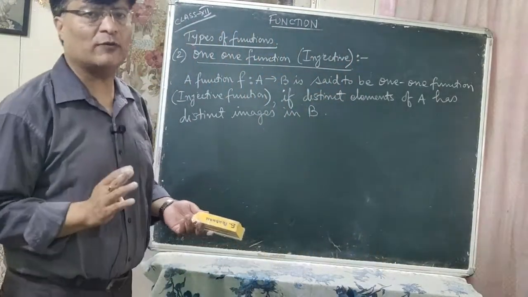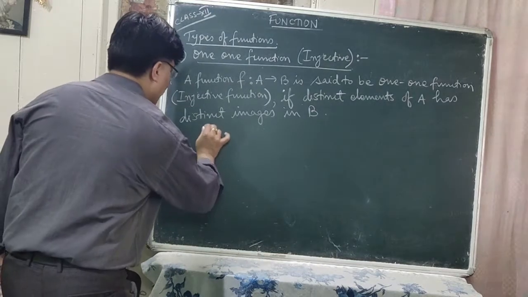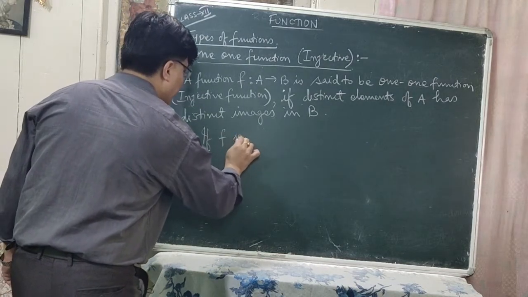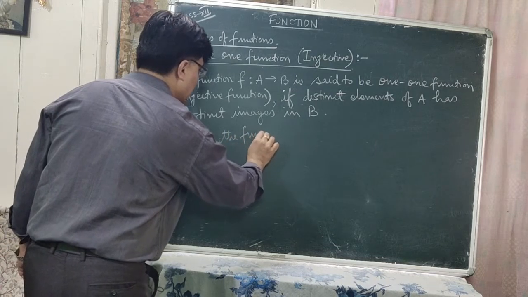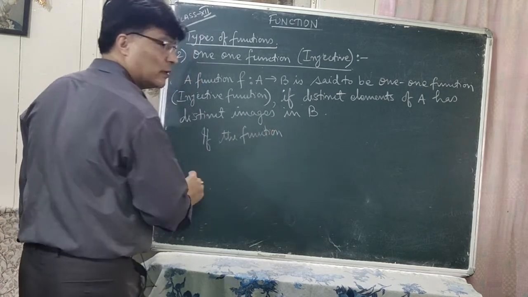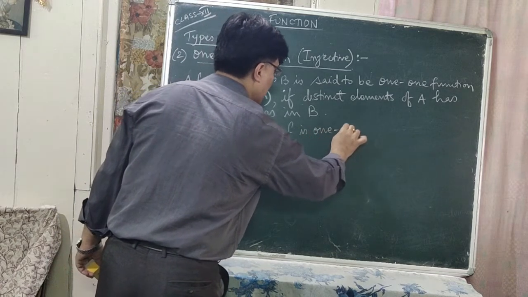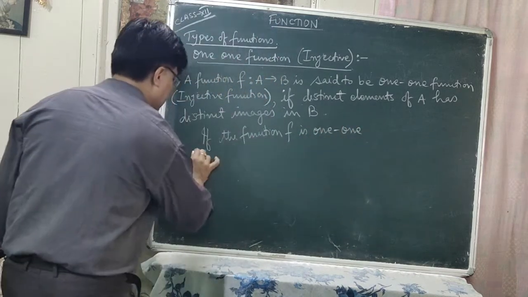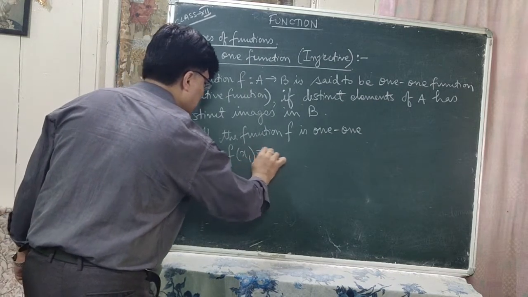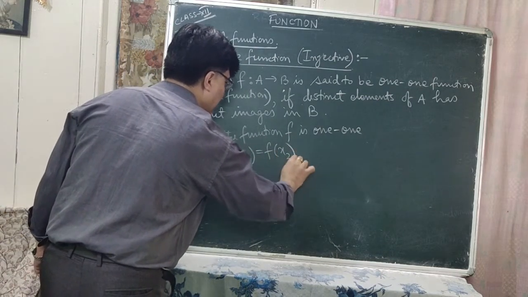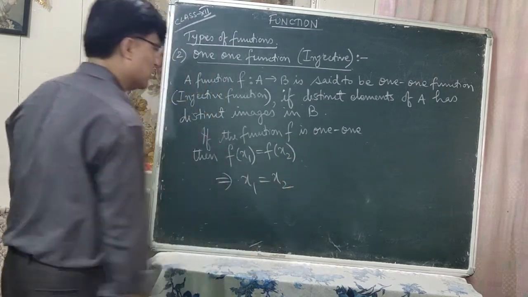There is a rule: if the function f is 1-1, then f of x1 is equal to f of x2 implies that x1 is equal to x2.